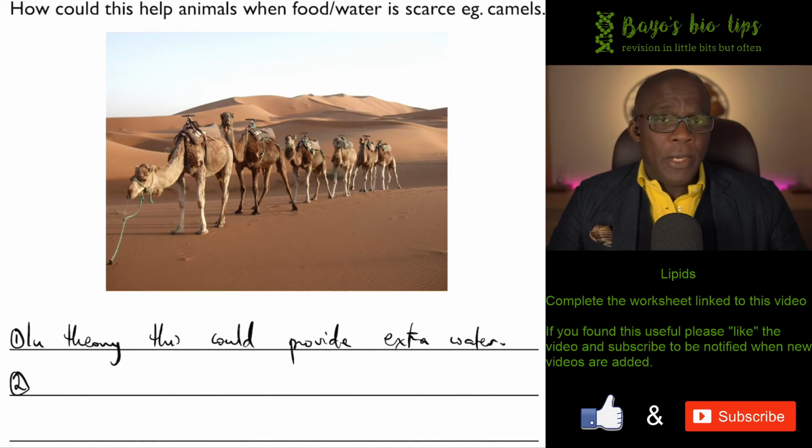But the problem is that they also require a lot of oxygen, which means that the organisms would have to take in a lot more oxygen and give out a lot more carbon dioxide, which would therefore require them to breathe faster. And that increased breathing rate would mean that they'd end up losing more water molecules anyway. And as such, overall, there isn't really an advantage.